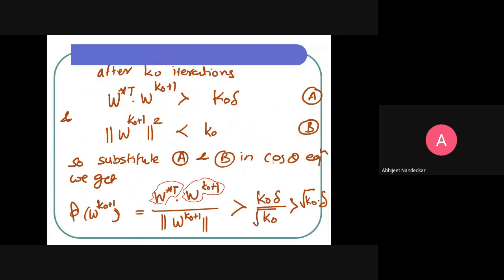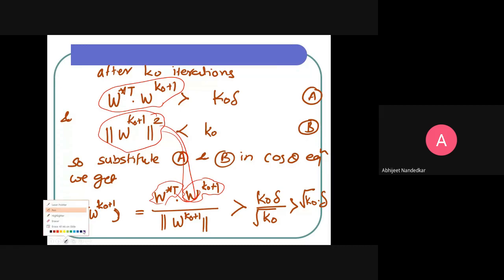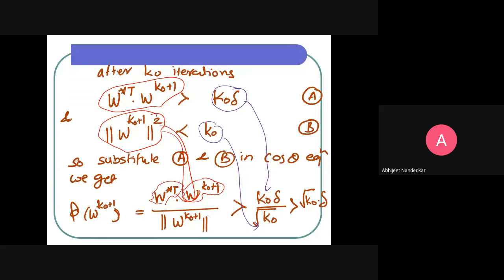Now when you substitute the values of these two things into this equation, now see, this k0 delta is written here, this k0 is written here, square root actually, because this is norm and we have done calculation on norm square. So ||wk0+1||² is less than k0.